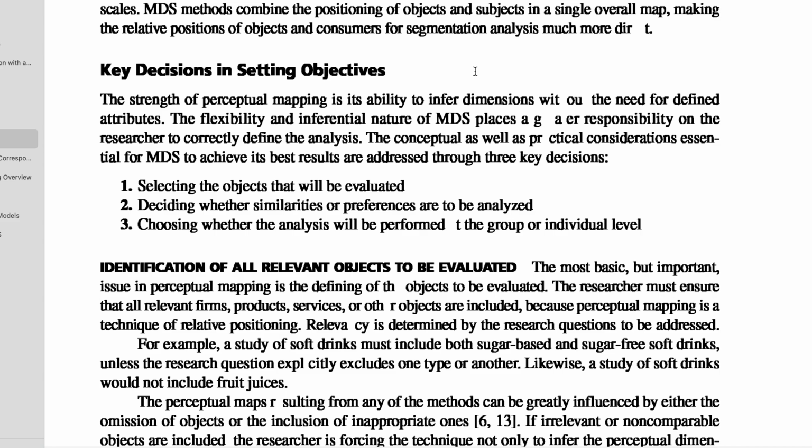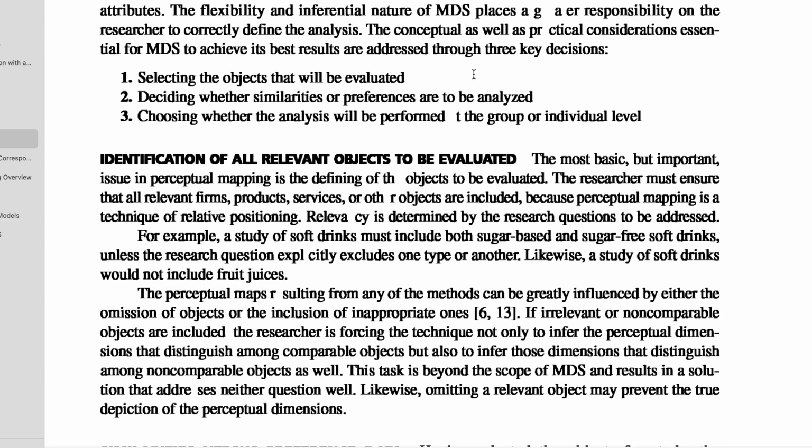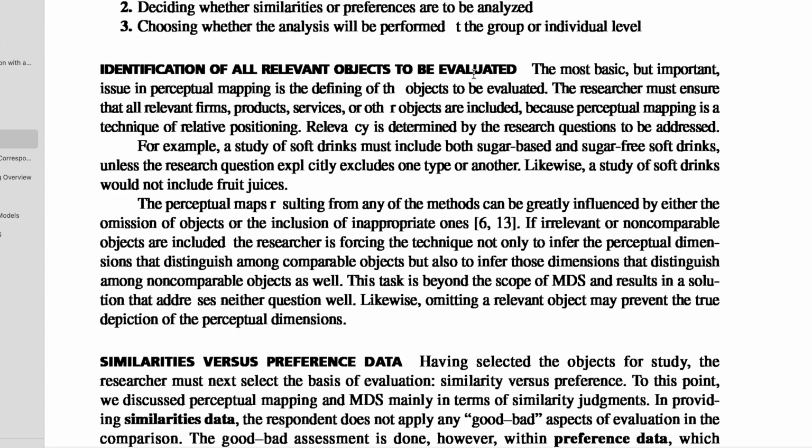Number 1, selecting the objects that will be evaluated. Deciding whether the similarity or the preference is to be analyzed. Choosing whether the analysis will be performed at the group or individual level.